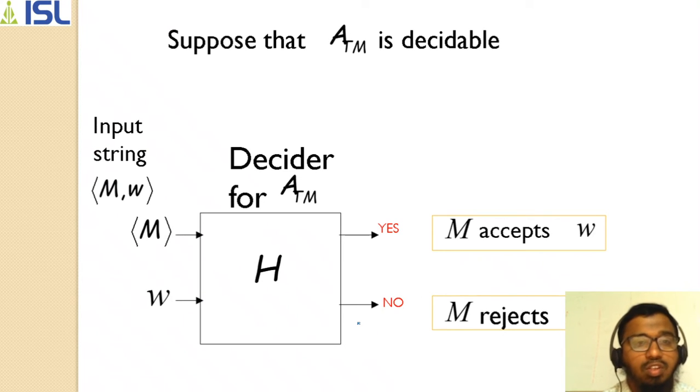The first step: suppose that ATM is decidable.